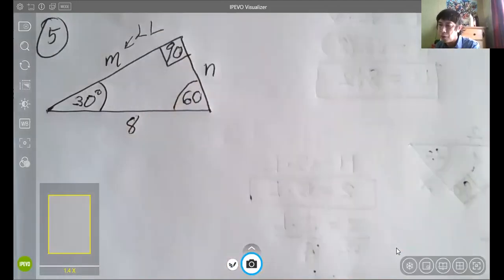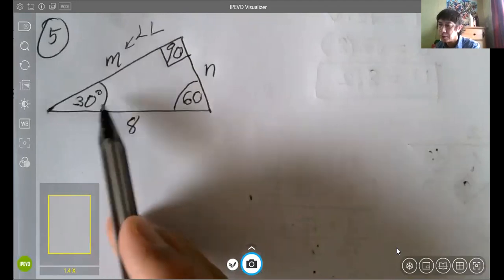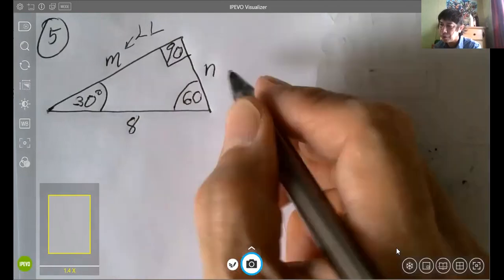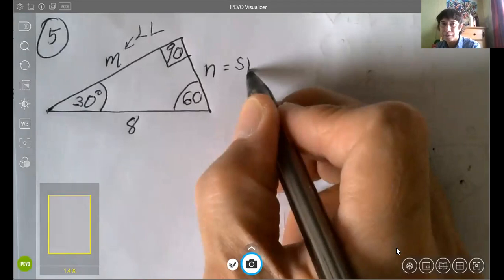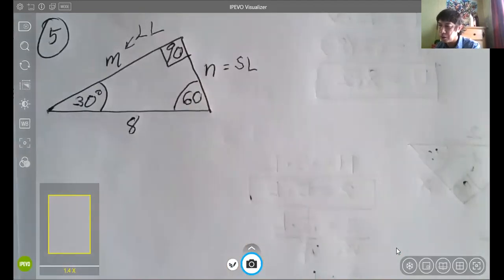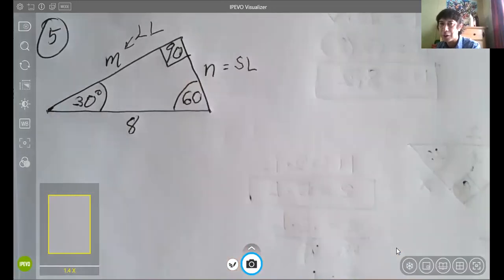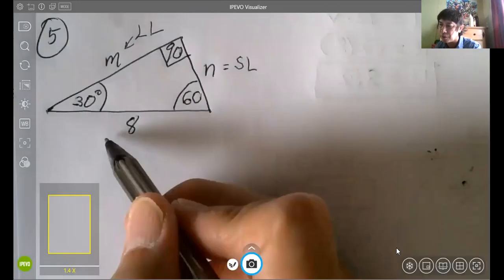And then, of course, opposite the 30 degrees, the smallest angle, opposite this is this side. And this must be your shorter leg there. And of course, opposite the 90, the hypotenuse, the longest side in a right triangle. This must be your H.